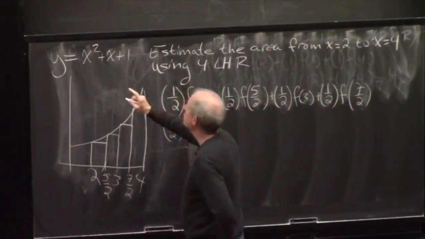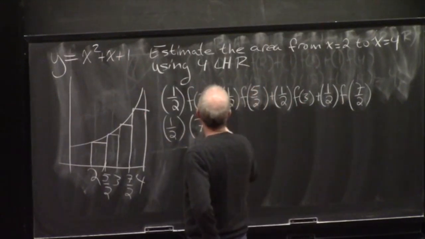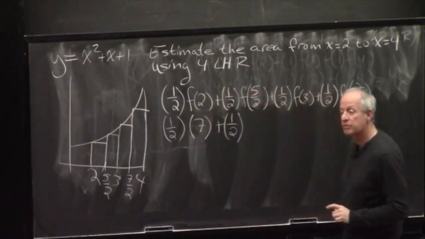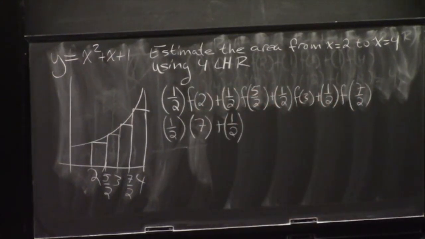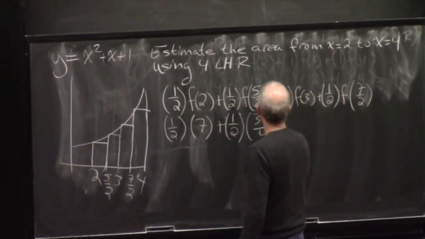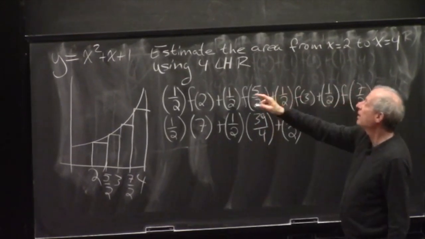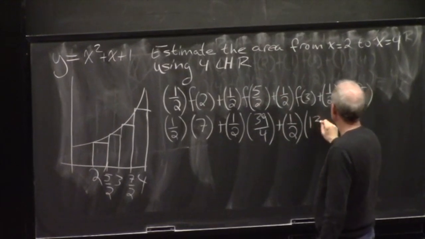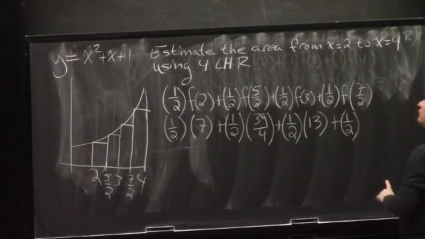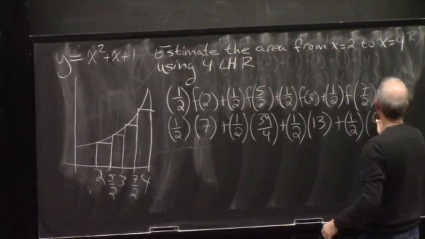Well, f of 2 is 2 squared, 4, plus 2 is 6, plus 1 is 7. f of 5/2 is 5/2 squared, which is 25/4, plus 5/2, which is 35/4, plus 1 is 39/4. f of 3 is 9, plus 3 is 12, plus 1 is 13. And f of 7/2 is 49/4, plus 7/2 is 63/4, plus 1 is 67/4.